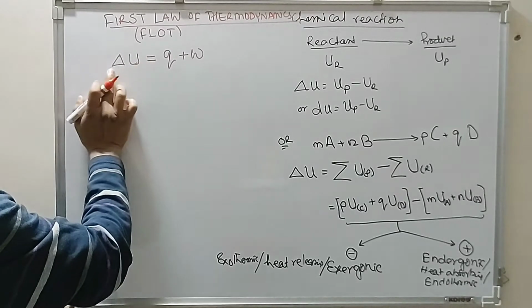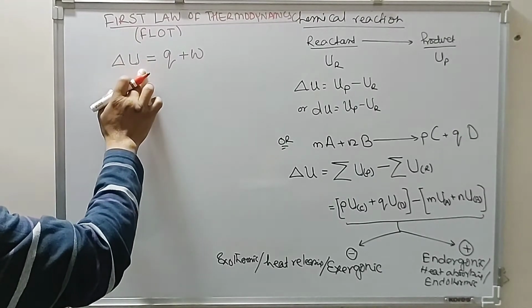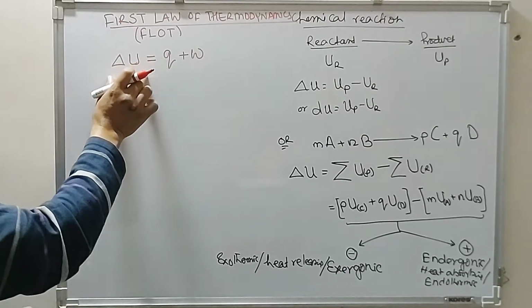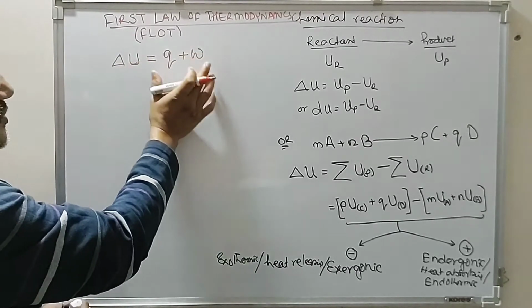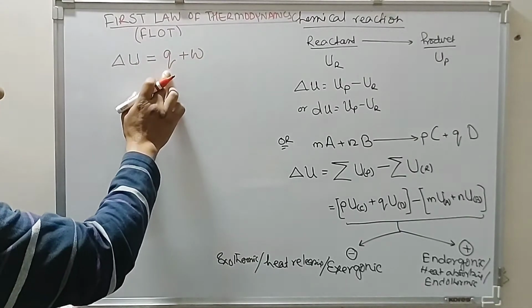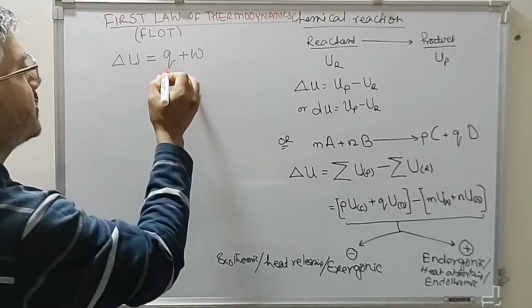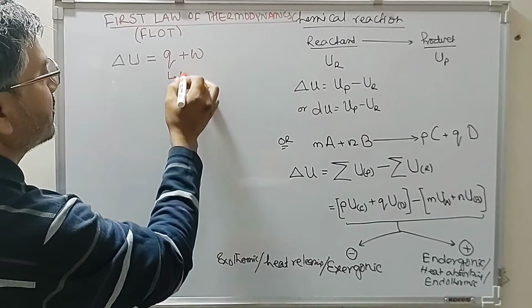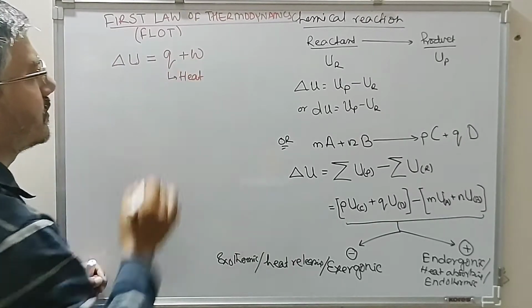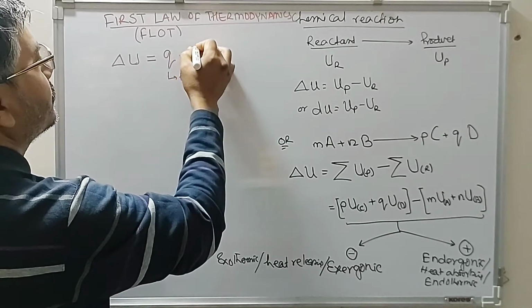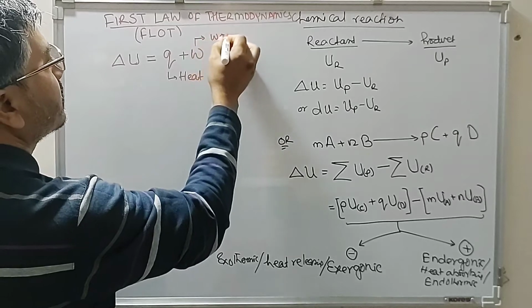So the total heat content of the system at constant volume, that is change in internal energy, is the summation of the heat content of the system plus work done. This Q is heat transfer between system and surrounding, and this W is the work done.